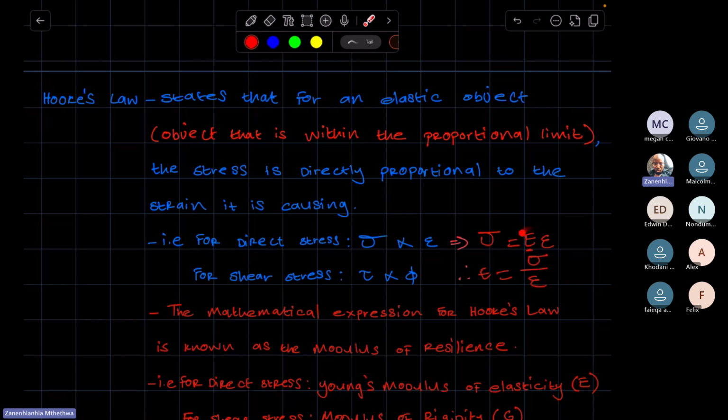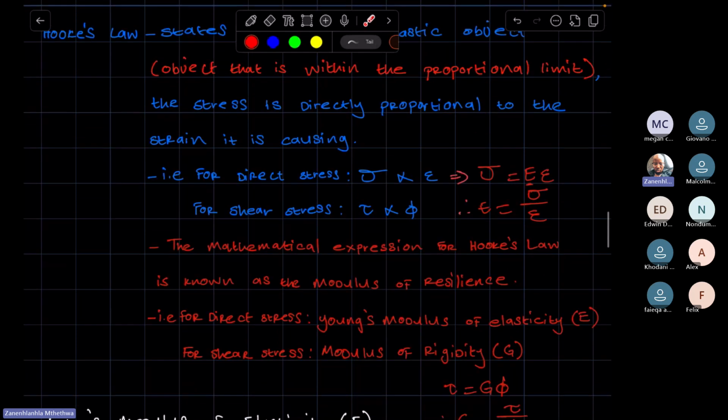But at this level, we don't necessarily look at Young's modulus of rigidity, only Young's modulus of elasticity. So again, this E stands for a mechanical property of a material that we know as Young's modulus of elasticity. Any questions there?